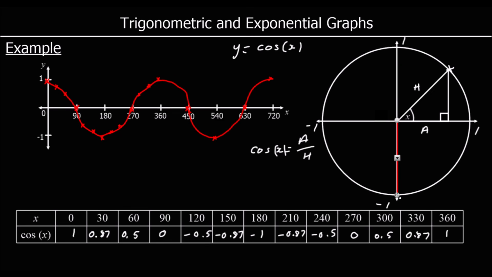It's at 0 again, and then it starts increasing again. The x-coordinate is increasing and goes back to 1 when it reaches 360. And again, you could keep rotating around to get more and more answers.